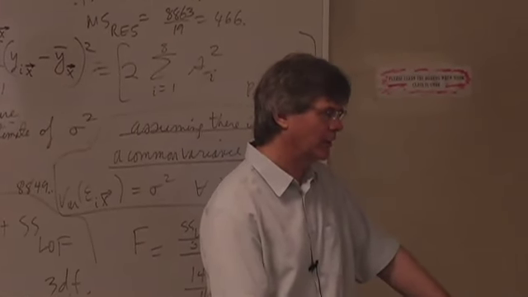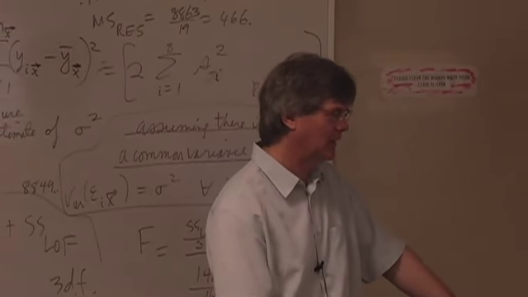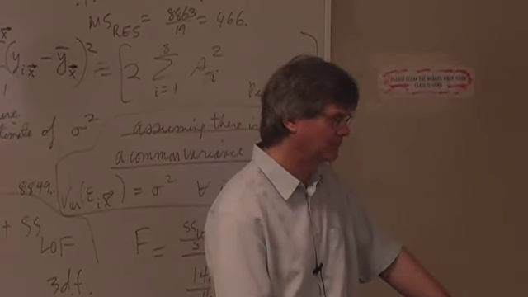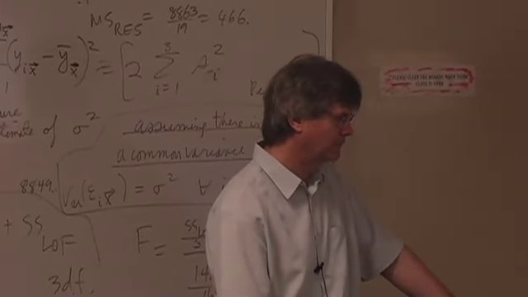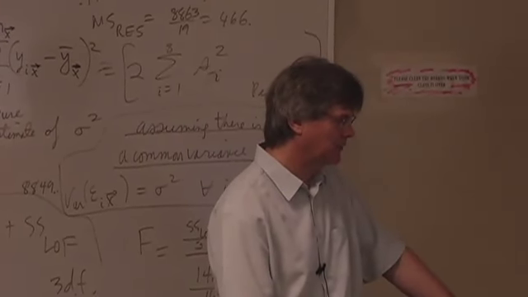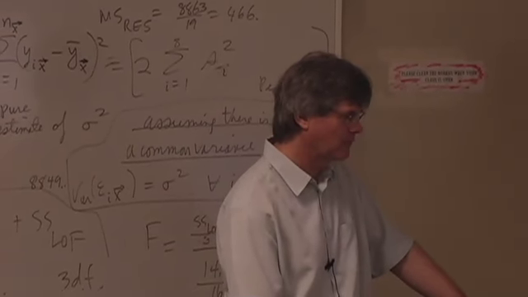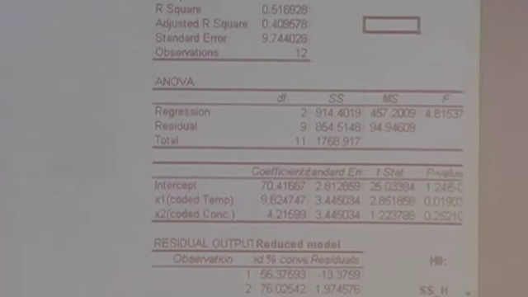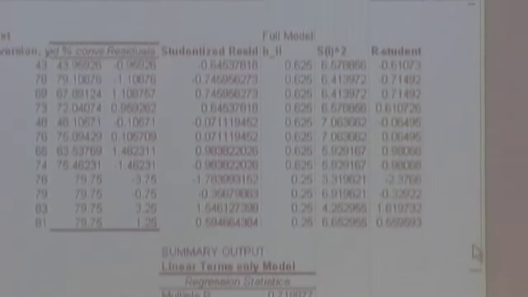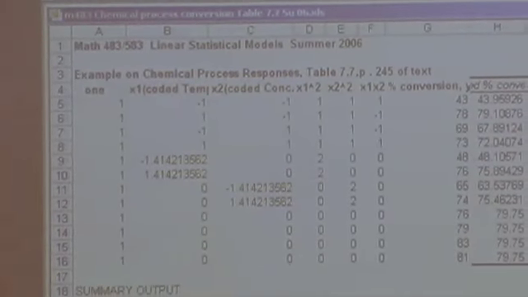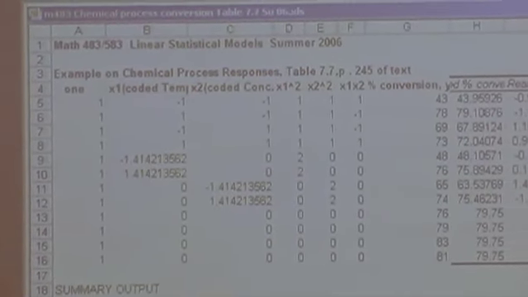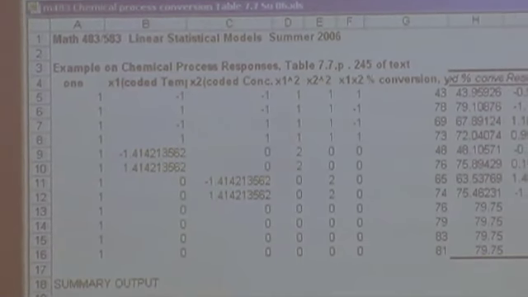All right. Let's have a look at another polynomial model. That's the chemical process conversion. This was a case where the author, in table 7.7, has given you some data: a central composite design for a chemical process example.